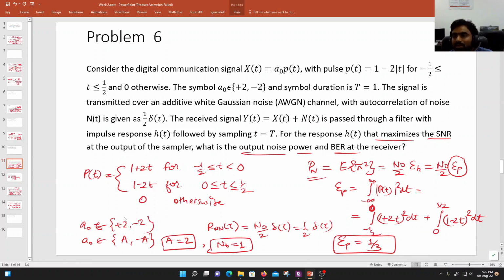Yes, the pulse will be changed. Actually, this T is directly related to the time duration of this pulse. Here the pulse duration is from minus half to half, so the pulse duration is 1. So there is no need to be given T equal to 1, you can calculate directly from the pulse. If the pulse is from minus 1 to, let's say, 1, then T will be 2. Okay, sir. Clear.